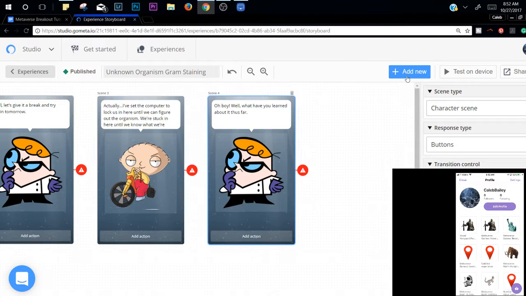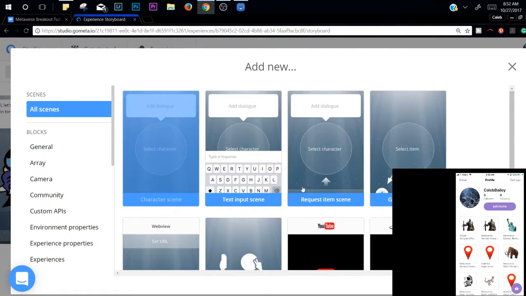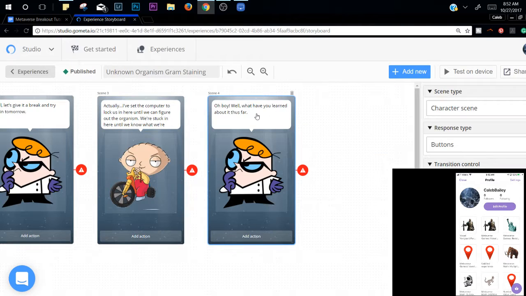Alright, and so now we have our question. Or actually, instead of having him ask what, and I forgot to put a period, so well, let's start from the top. Do you think this is a gram negative or gram positive organism?